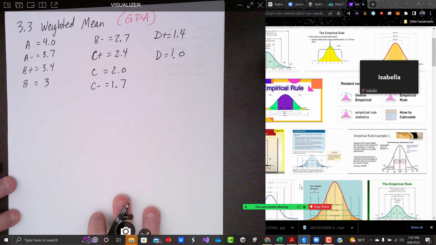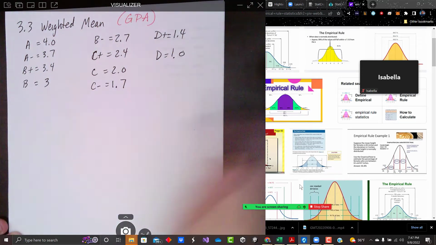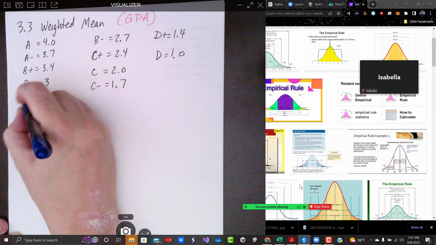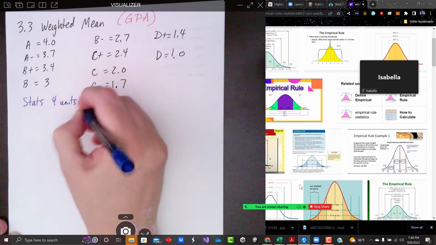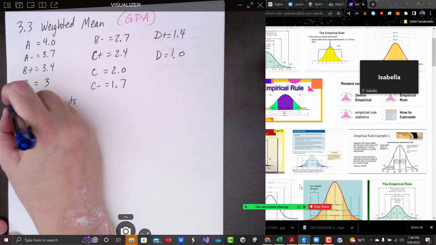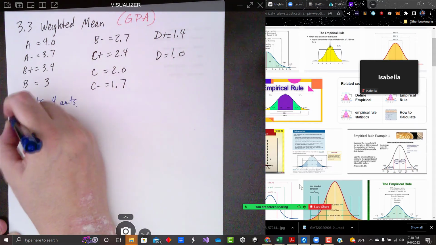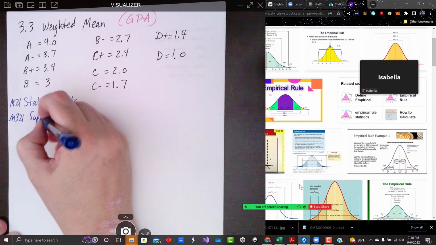So when you're calculating your grade, let's say you're taking stats. That's a 4-unit class. So this is Math 21. Let's say you're taking the support course. That's a 2-unit support for stats.